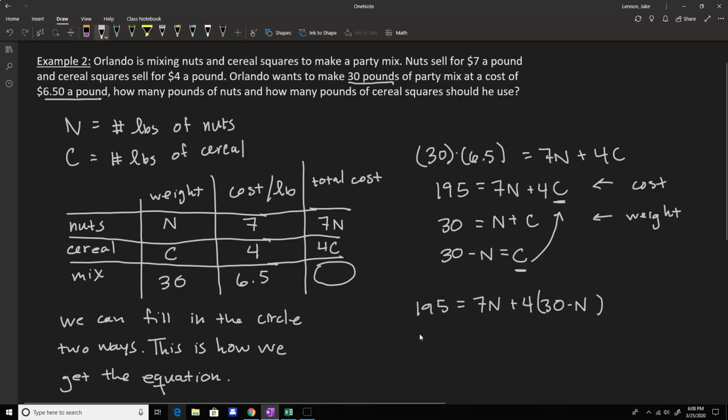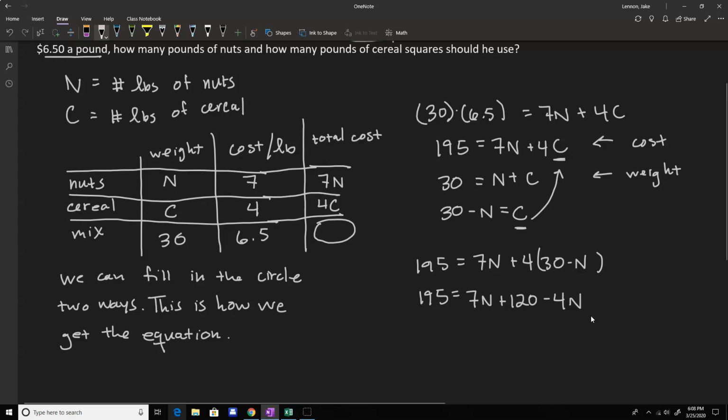So distribute the 4, we have 195 equals 7N plus 120 minus 4N. We have 2 like terms on the right-hand side, 7N minus 4N, which simplifies to 3N. So we have 195 equals 3N plus 120.